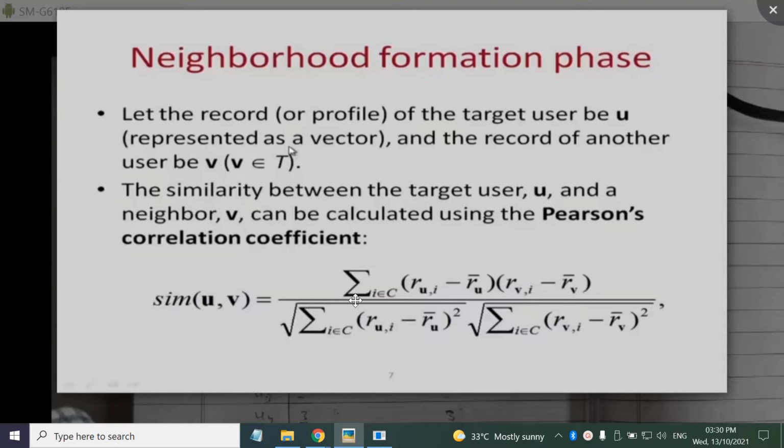If u and v are very similar, then their averages will be similar, right? Their ratings will also be similar, so this numerator will have a higher value. And if they are totally different, then what will happen? One of the brackets will be negative. Let me give one example.